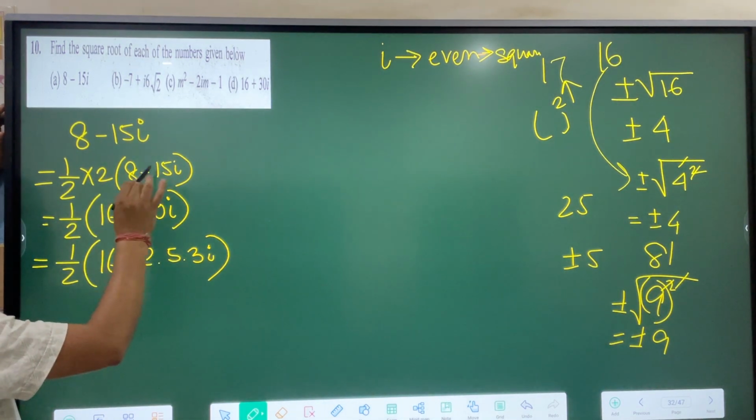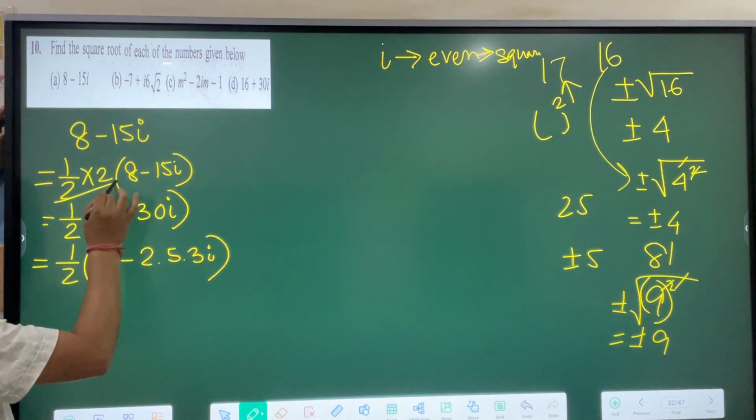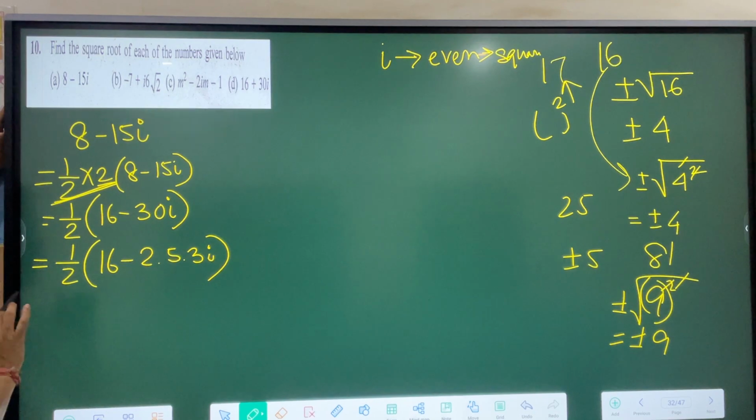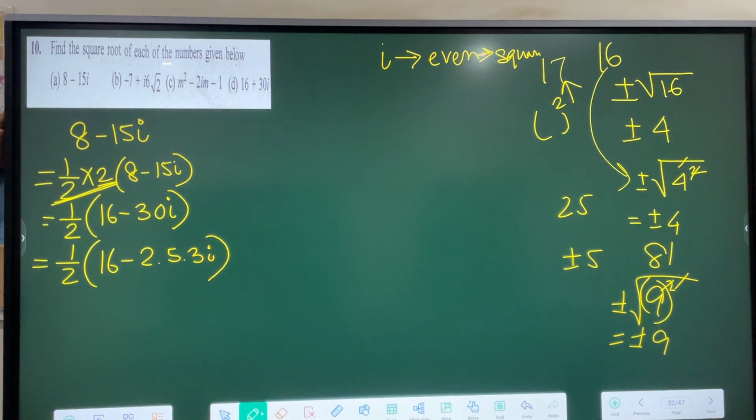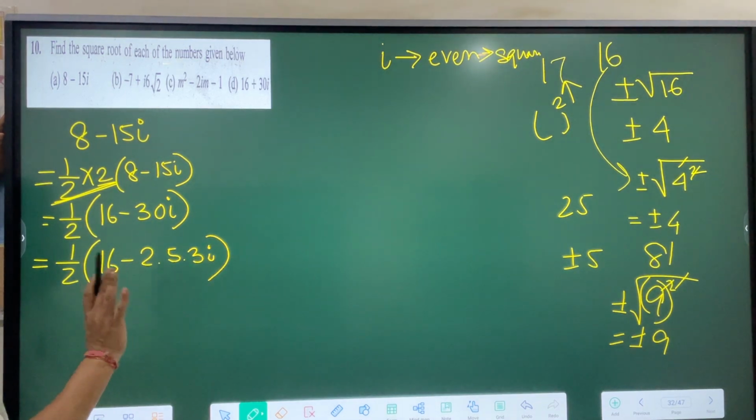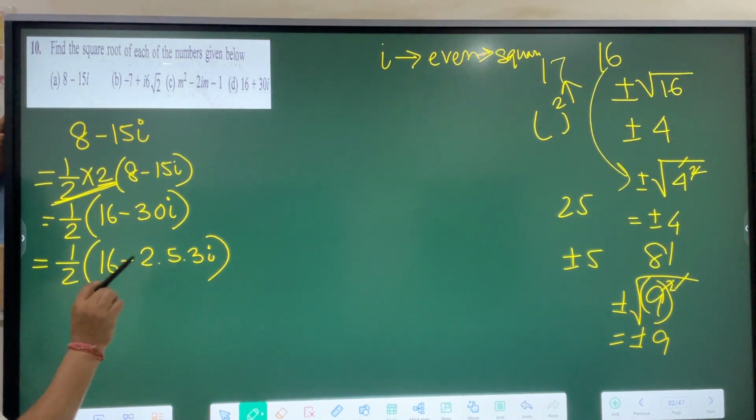So whenever this type of sum with i has an odd number, this is the process you have to do to get an even number. Otherwise we cannot make twice ab, and if we cannot make twice ab, we cannot make a whole square, because a whole square is possible if and only if twice ab is present.